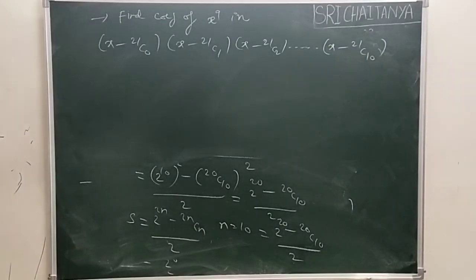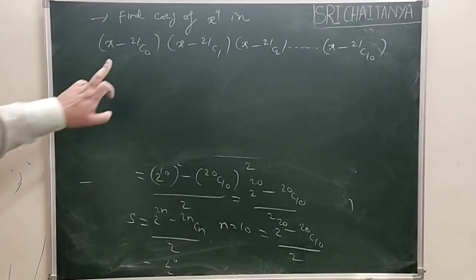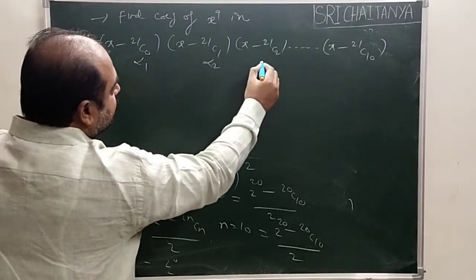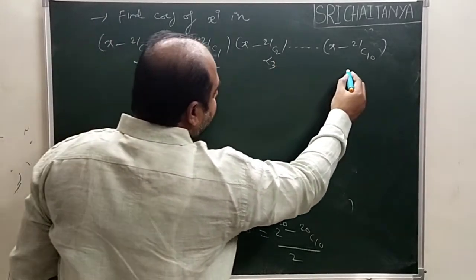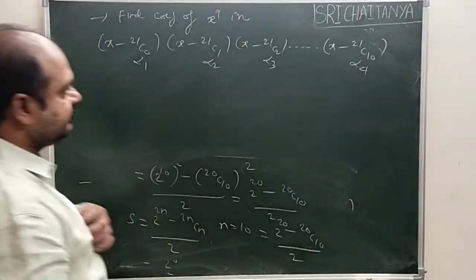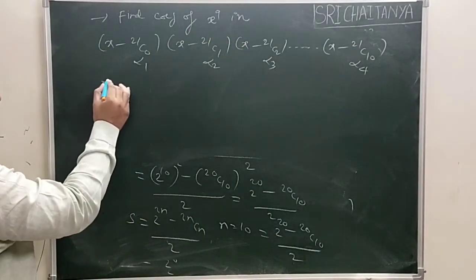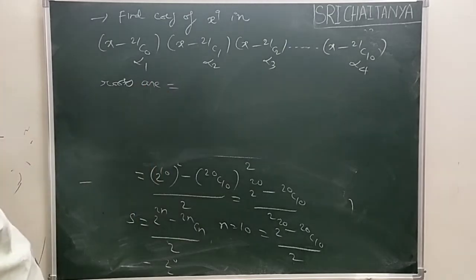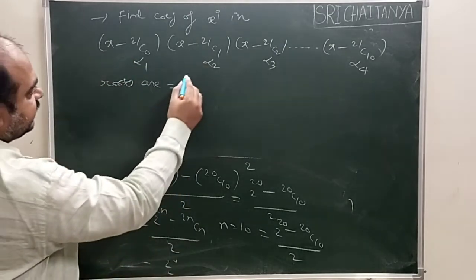He is asking the coefficient of x power 9. Look at here. This is alpha 1, alpha 2, alpha 3, alpha 4. Roots are what? If you equate this to 0, those are the roots.